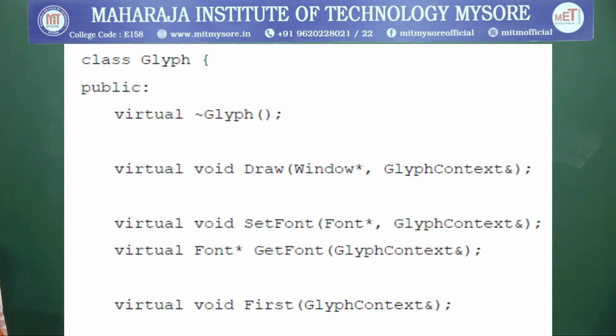Within that you have a public virtual glyph destructor, and then a draw method. Within that you have a window pointer and a glyph context, and then set font, which is going to be used for setting the font of the editor's text or image. The glyph context is passed as a parameter, and you have a pointer there.